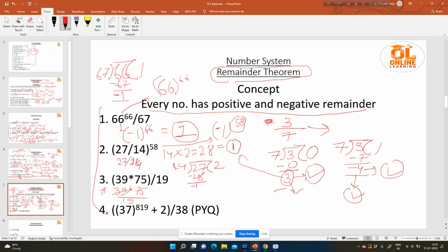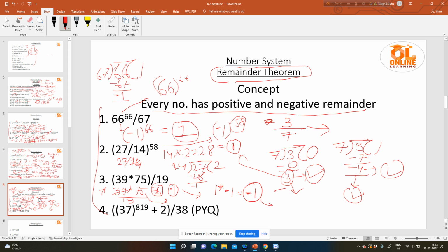And 19 into 4 is 76. We have 75 here. That is 1 less than 76. We will take minus 1 here. Hope you are understanding it. So what finally we got? 1 into minus 1. Our answer will be minus 1.